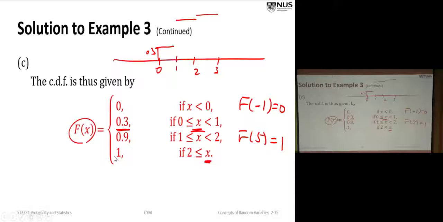So that is for discrete random variables. Unlike in example 1, where I have a formula for it, here I don't have the formula. I have to specify what this CDF is over a certain range. So altogether, I divide the real line into 4 regions.